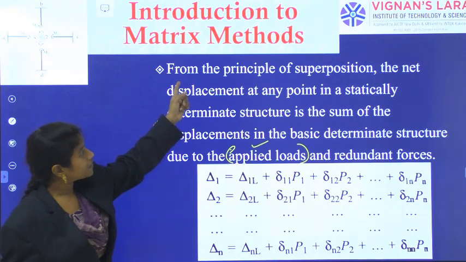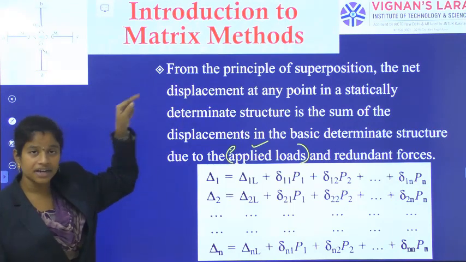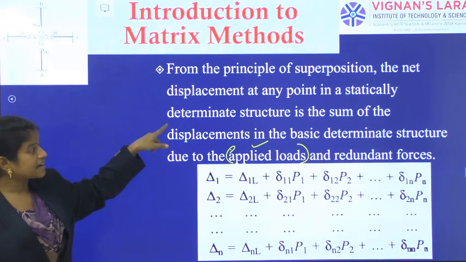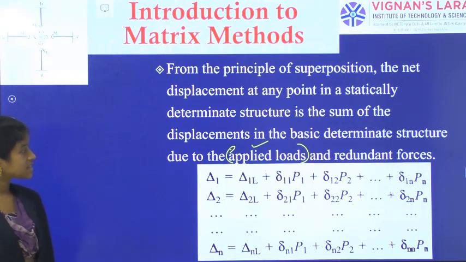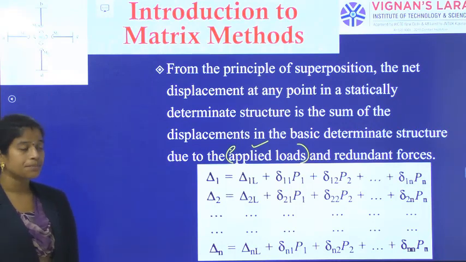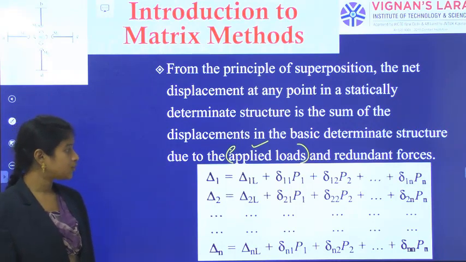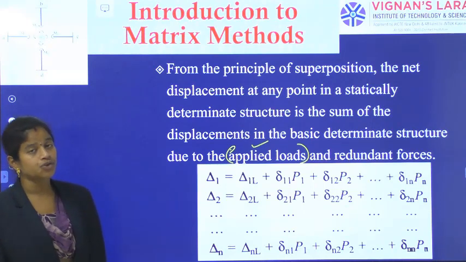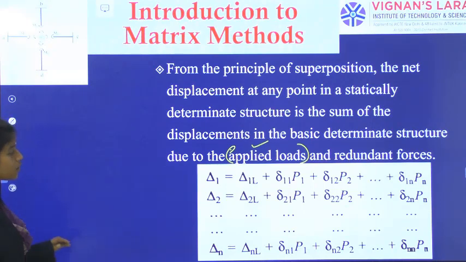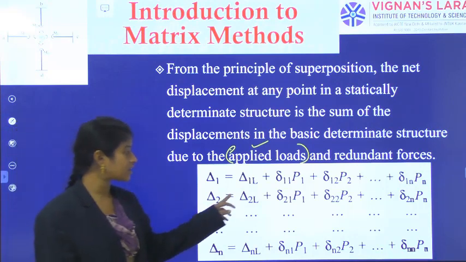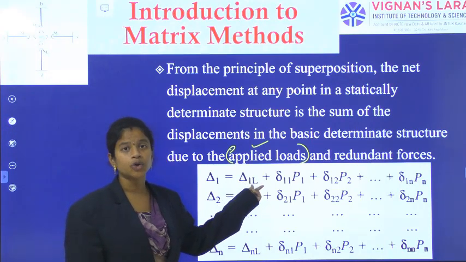So from the principle of superposition, the net displacement at any point in the statically determinate structure is the sum of displacements in the basic determinate structure due to the applied loads and also due to the redundant forces. In this way delta 1 is equal to delta 1L, the deflection due to load.